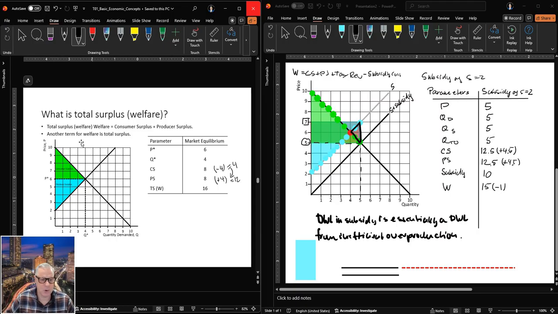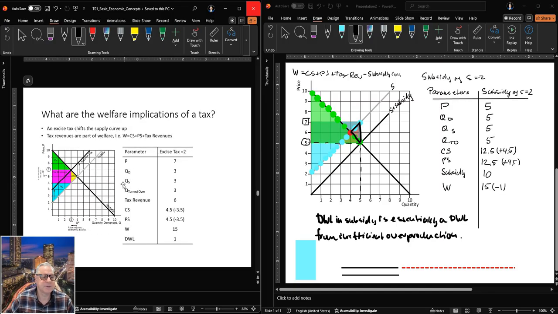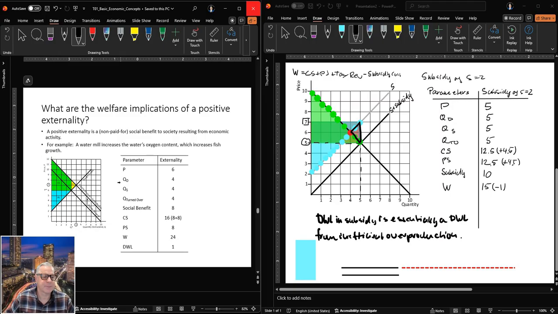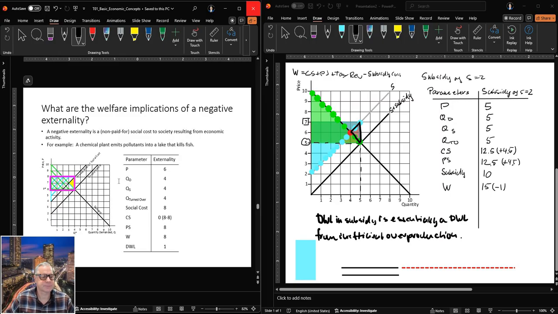So this is now over. So now the market equilibrium is no longer the reference case, because we essentially have a new reference case, which includes a negative externality.